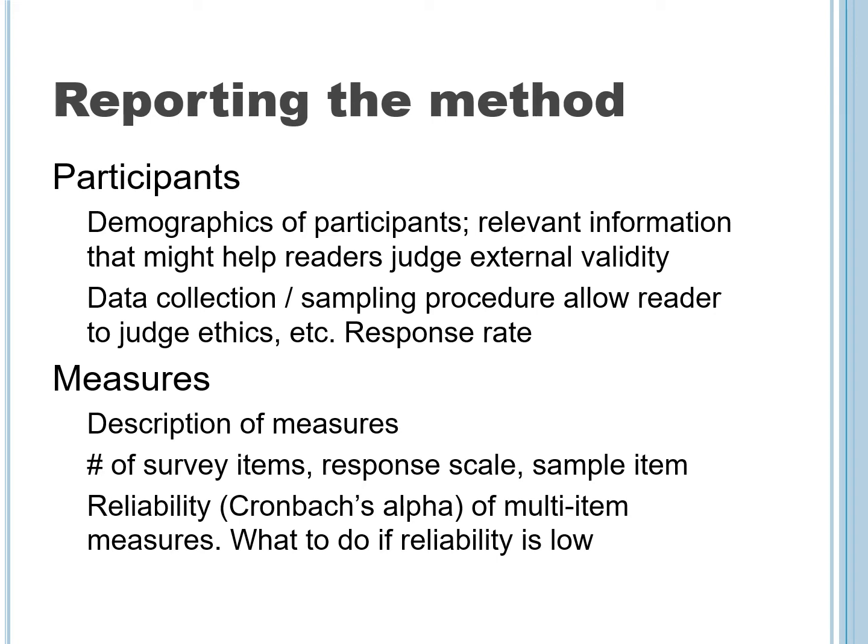If it's extremely low, make sure to check those item statistics to make sure that you've correctly reverse scaled items, because if you haven't, that will generally make your alpha much lower. So always make sure you've checked that.